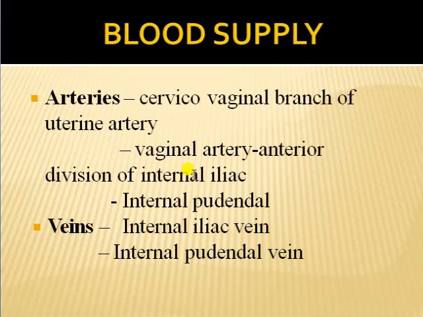You can also simply call it the pudendal artery. Where the organ is present, they give the name: for the uterus it is the uterine artery, for the vagina the vaginal artery. These all come under the pudendal arteries. Get my point?